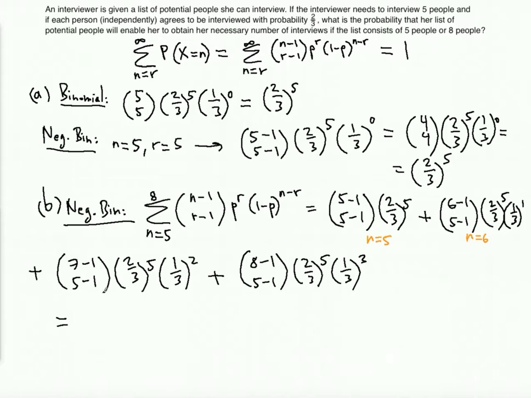So if you do this correct, and notice that this notation is the combination notation. So I'm just going to write it for you. NCR, right? So this is 4 choose 4, 2/3 to the 5th. The second case is 5 choose 4.